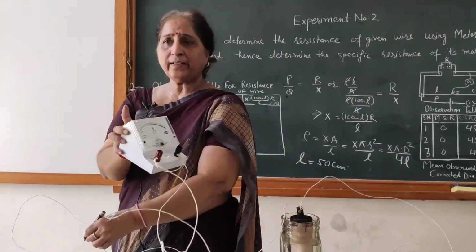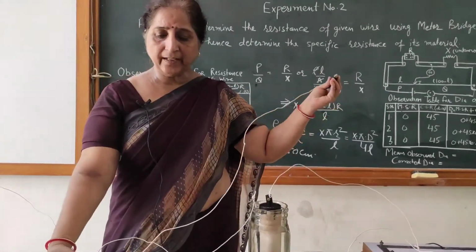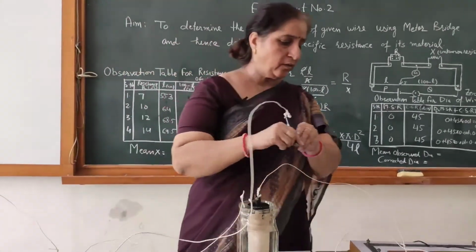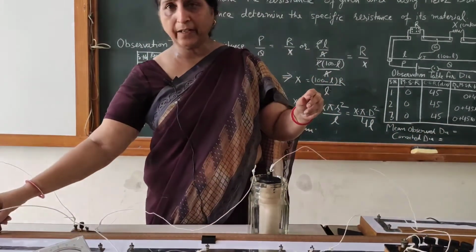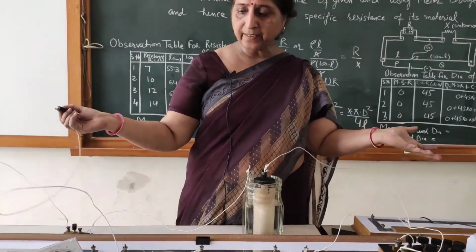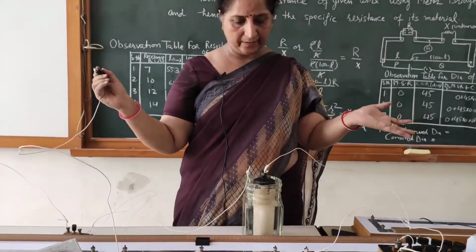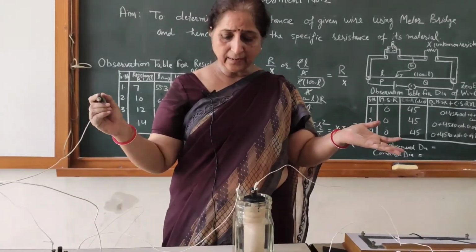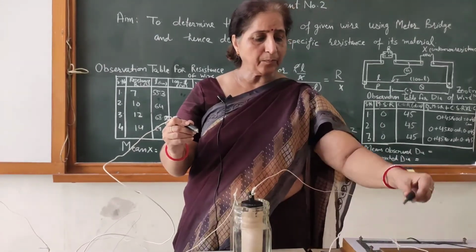So, if you get deflection in two different directions in the galvanometer on touching the jockey at the starting end of the meter bridge wire and then at the other end of the wire, then your circuit is correct. After this, you will take out some resistance from the resistance box.